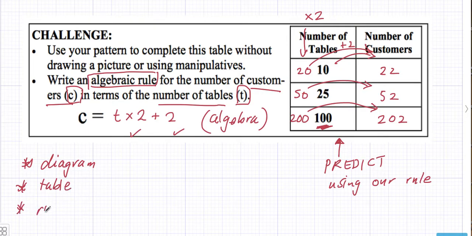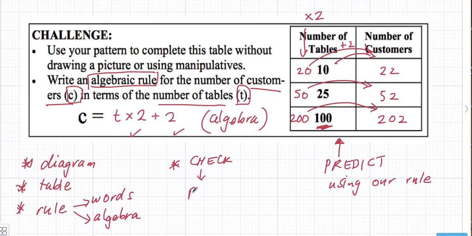Once you've filled in the table, try and find the rule. Either do the rule in words, or if you think you can as well, do the rule in algebra. And the last thing you should do is always check your rule, by using your rule to predict the number, for example here of customers, and for the number of tables, predict using your rule.